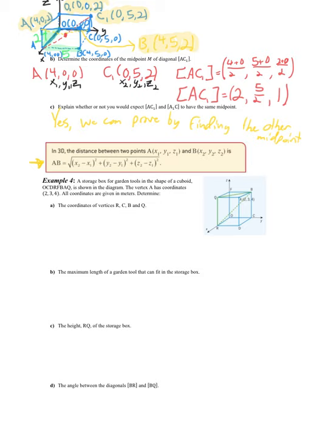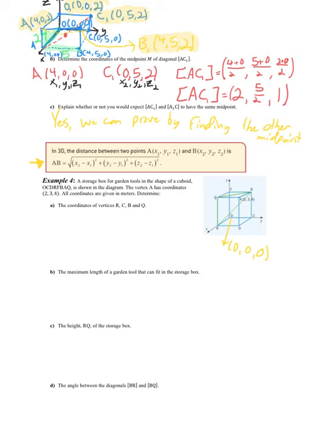And example 4 says, here's a storage box. And it's got the sides O, C, D, R, and then F, B, A, Q. All right, the vertex A is shown at 2, 3, 4, and O is clearly the origin down here at 0, 0, 0.